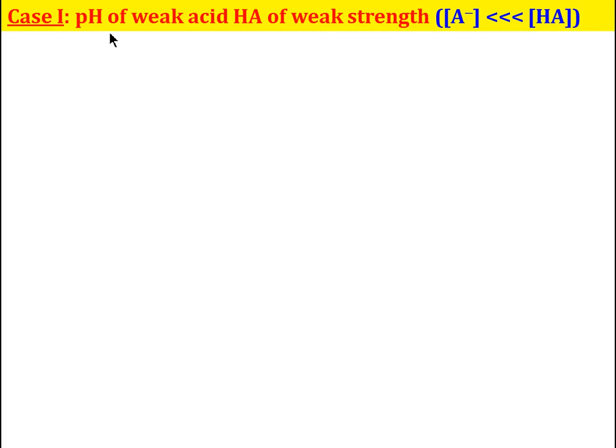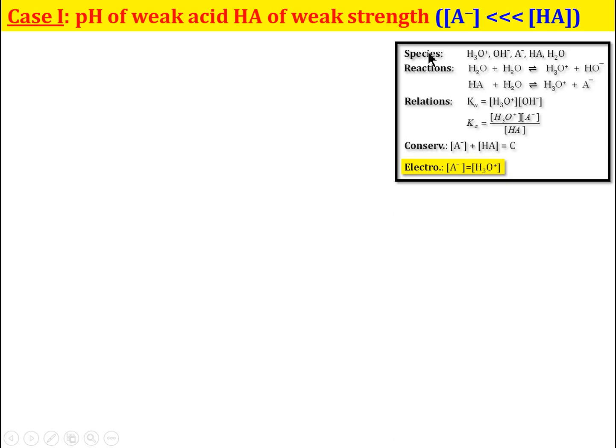Case 1. Calculation of the pH of a weak acid of weak strength, where the concentration of A- is negligible with respect to HA. We write the steps, species, reaction, relations, conservation of species, and electroneutrality as previously. Ka is equal to the concentration of H3O+ times A- divided by HA, all at equilibrium.